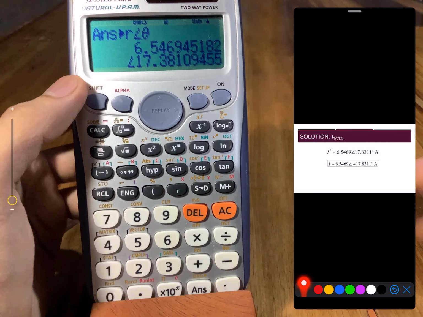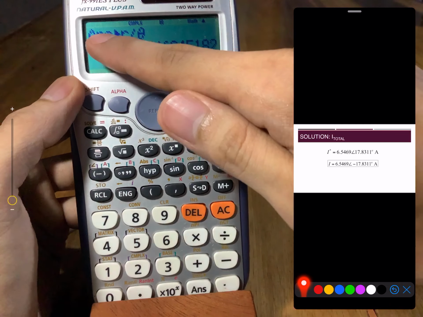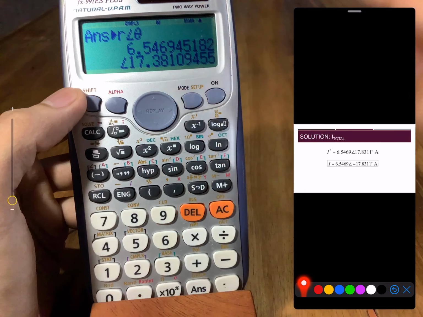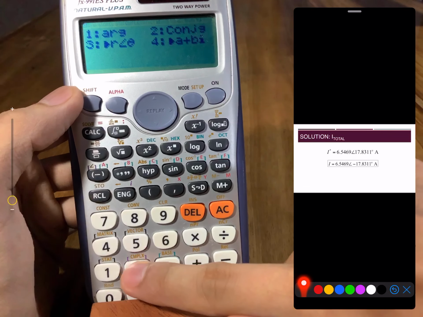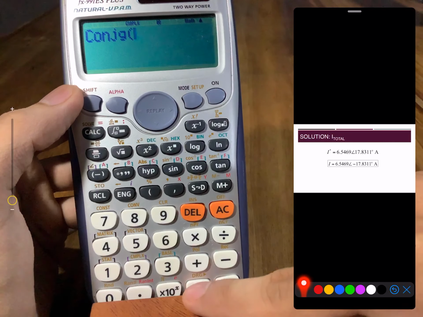So there is a conjugate function here. So the answer is in terms of current, and in order to perform conjugate, we just press shift 2 and then press 2 for the conjugate of the answer.